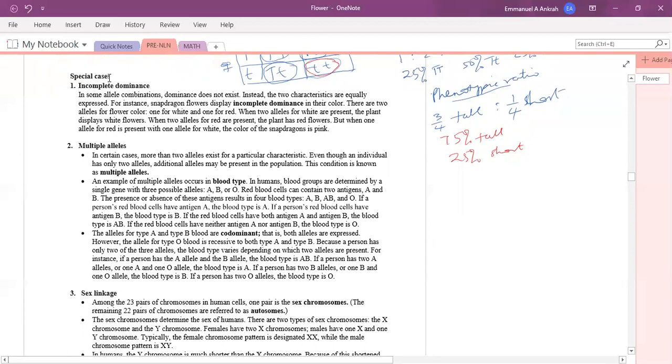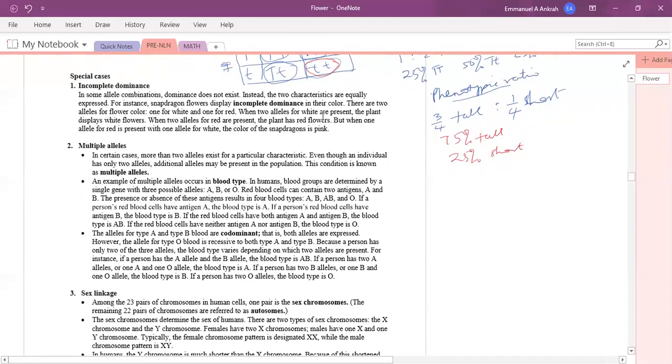But special cases. Now, incomplete dominance. Okay, let's read that. So in some allele combinations, dominance does not exist. Instead, the 2 characteristics are equally expressed. For instance, if you take the snapdragon flowers, they display incomplete dominance in their color.